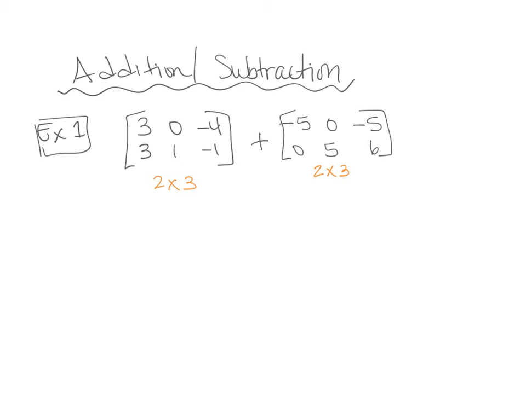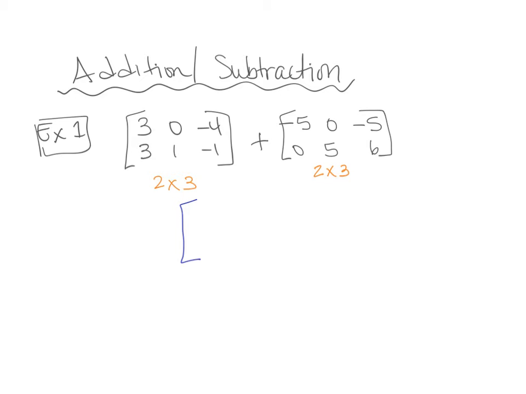So how do we add these 2 matrices together? If you guessed we are really just going entry to entry, those corresponding entries, and adding them, you're right. For this first example, let's write it out step by step. My first entry is row 1, column 1, and I'm going to add row 1, column 1, those corresponding entries.